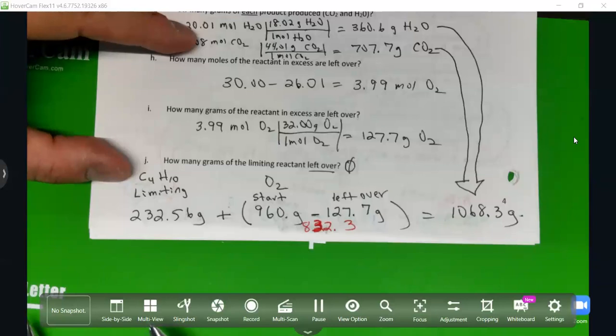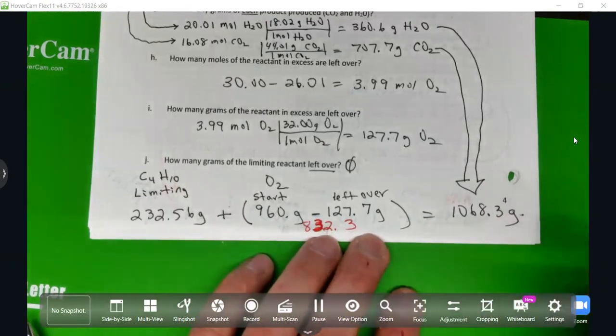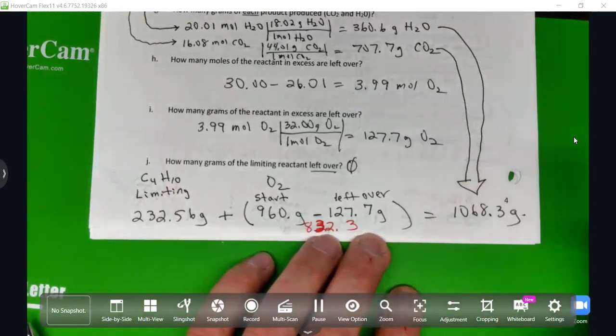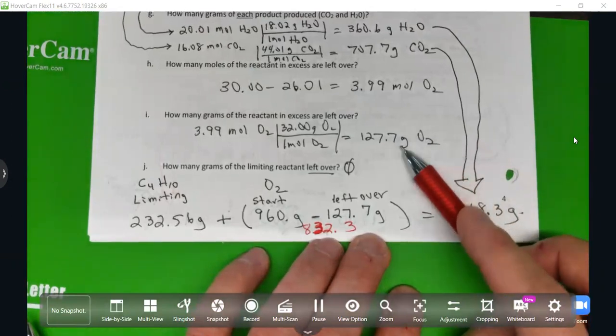1,064. That's off more than I figured. 832. It's off more than it should be, and I better double check my numbers. Anybody else have different numbers? Anybody else have 127.7 left over here?